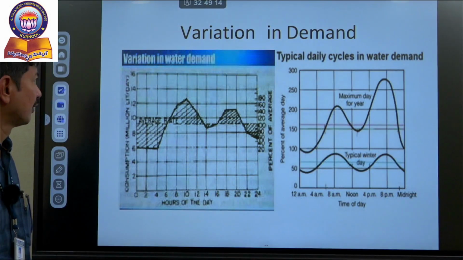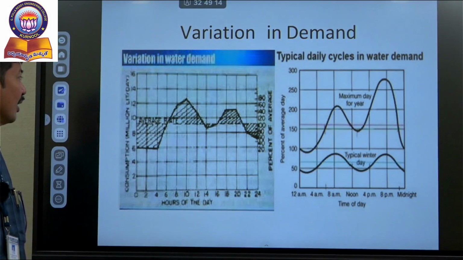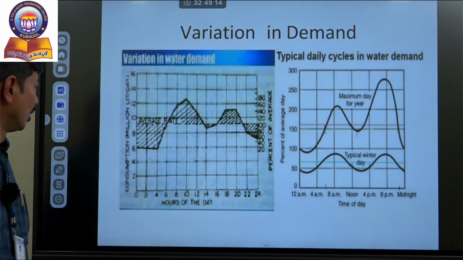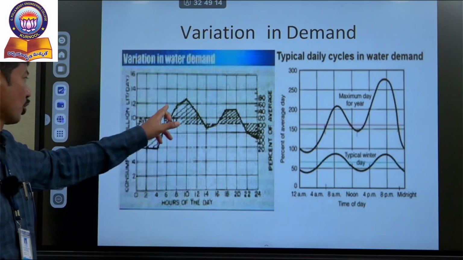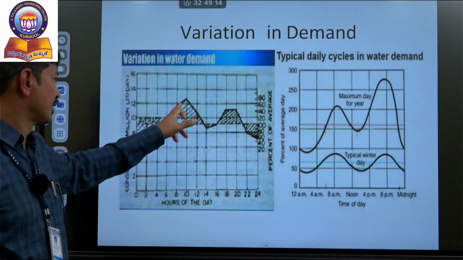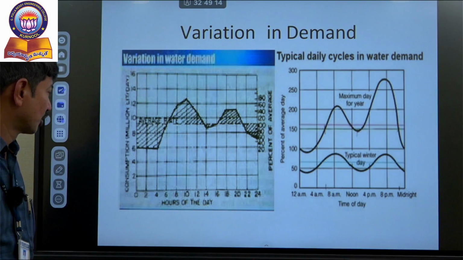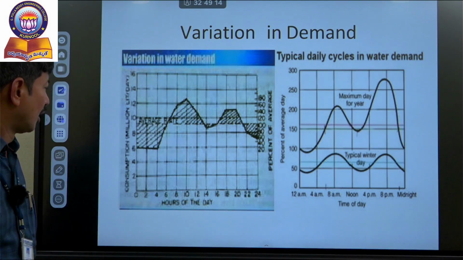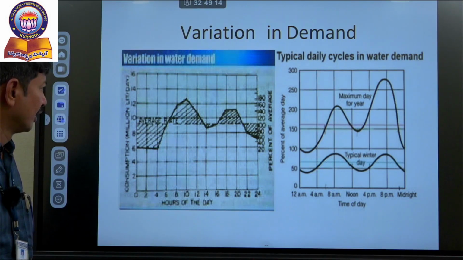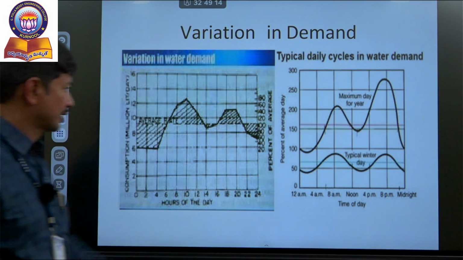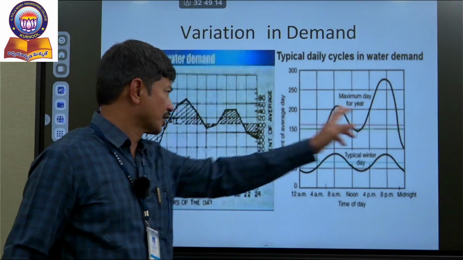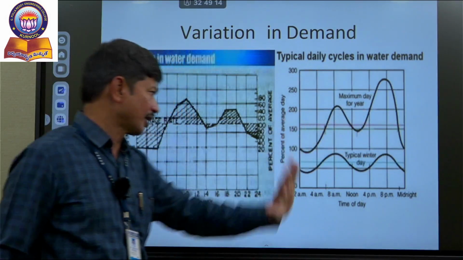And then fluctuations in water demand, variations. Morning time is peak hours. Morning requires more water, reaching the peak at 8 to 10, 8 to 11. Then the rate of demand decreases, again increases in the evening, and again decreases late at night. This is the average demand per day.